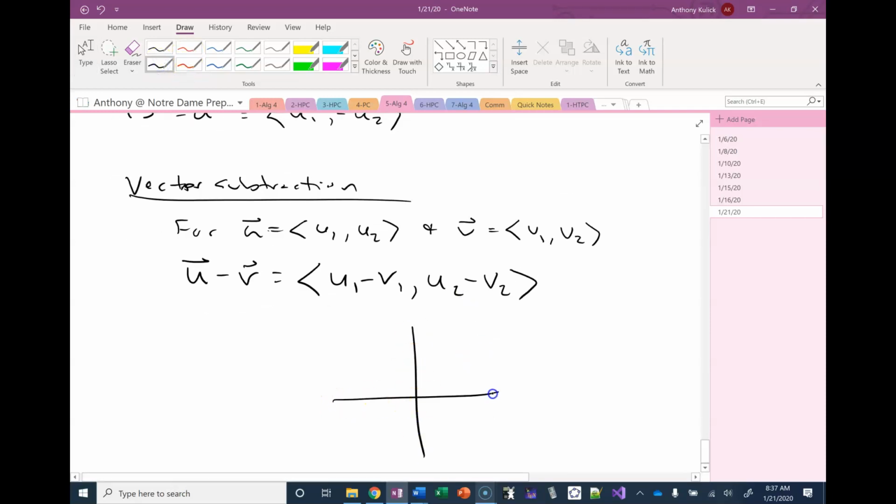Let's look at a picture here and kind of think about that. So here's this one. Yes, that's correct, 180 degrees. Everybody okay with that idea?